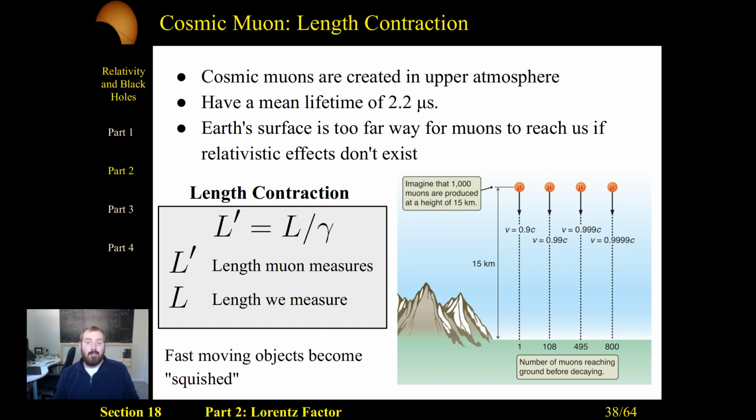It could be as small as meters if the muon's going fast enough. Yes, physics is incredibly weird, but this is accurate. Basically, for fast-moving objects, things become squished. That's what I mean by this length contraction.